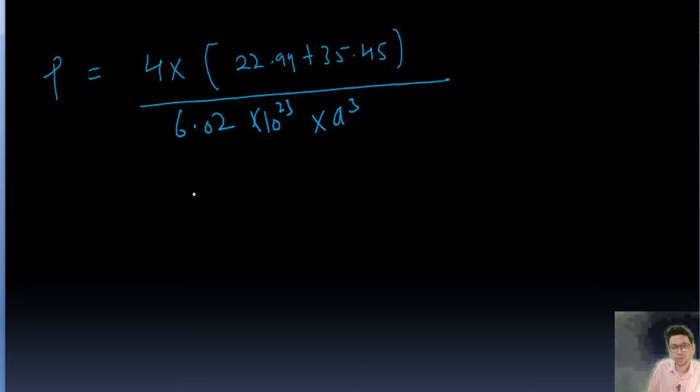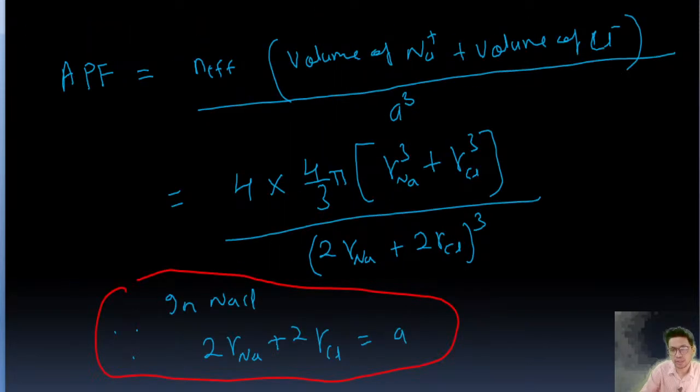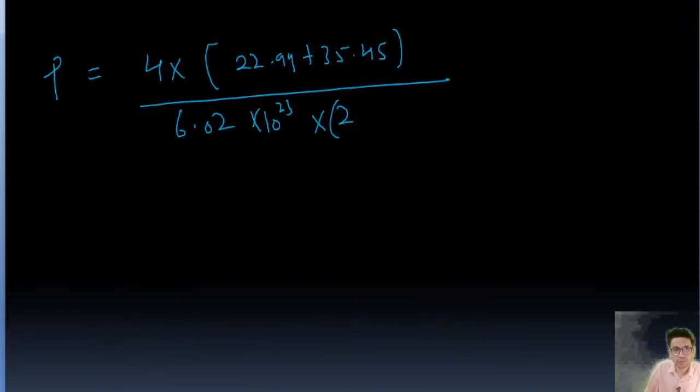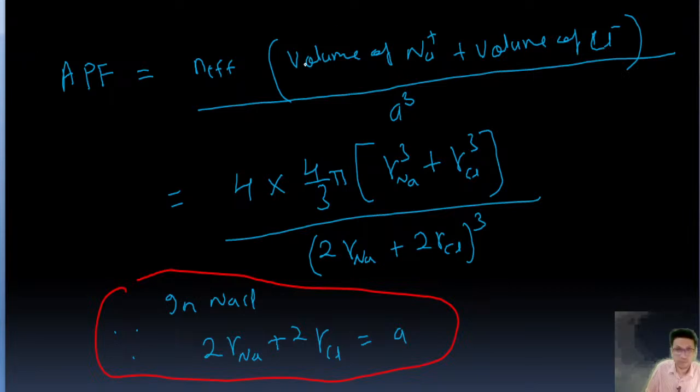And the A cube value we know, I have already explained A cube. This is 2 RNa plus 2 RCl, whole cube. The RNa value we know, that is 0.98 angstrom.